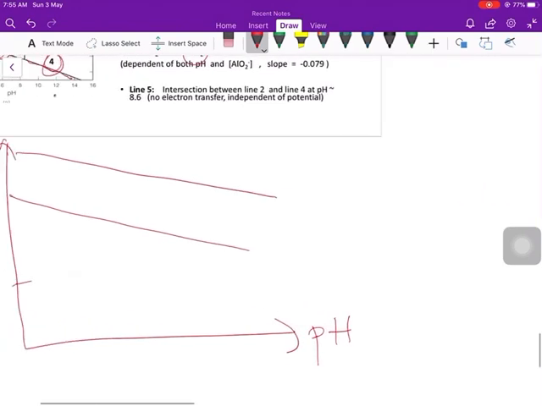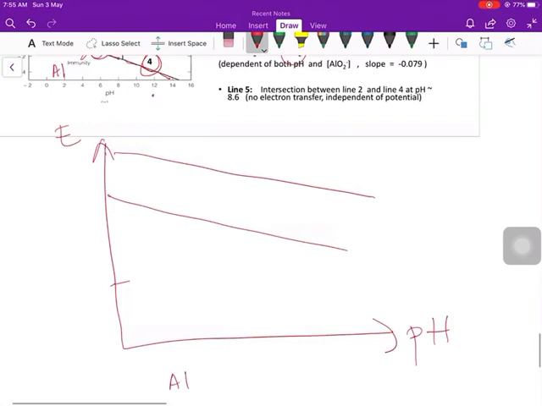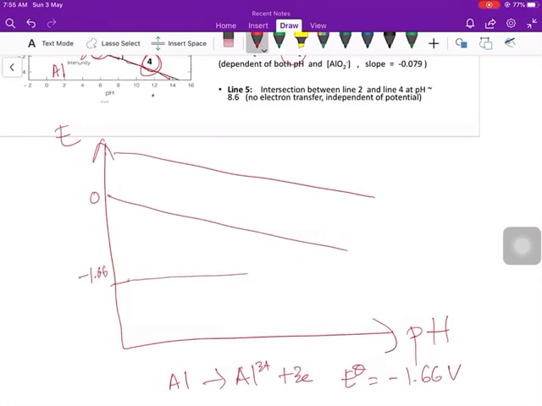So this is hydrogen, but aluminium to aluminium 3. So the standard value is negative 1.66 volt. So this is 0, so it's somewhere here, 1.66. You use the Nernst equation and it will produce line 1, aluminium and aluminium 3 plus.